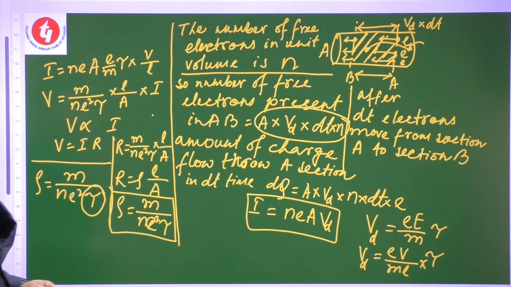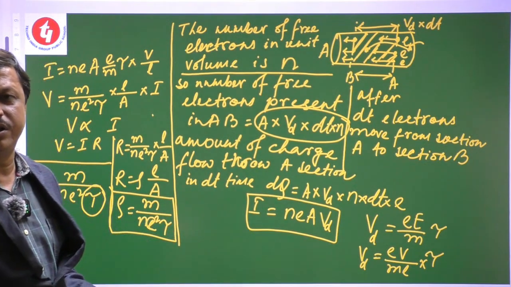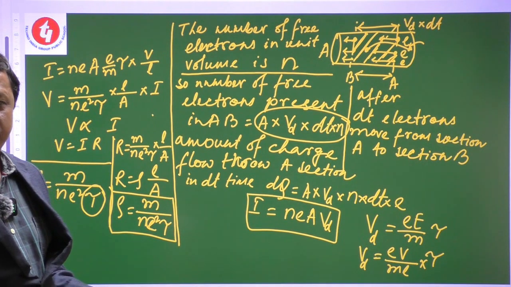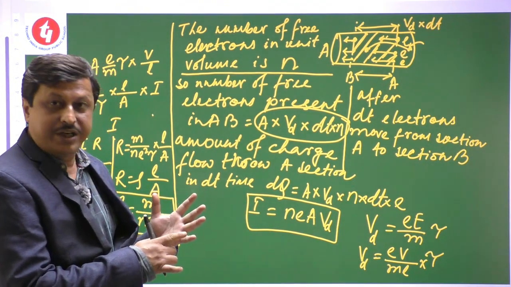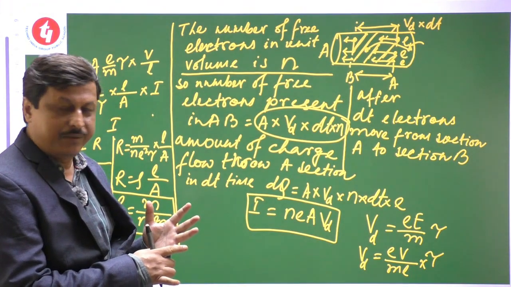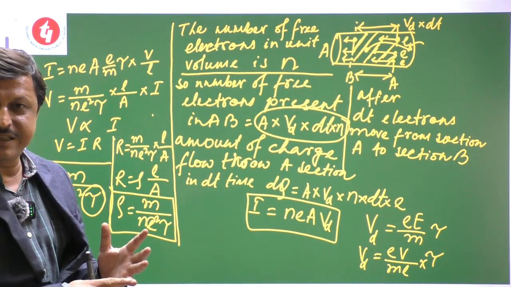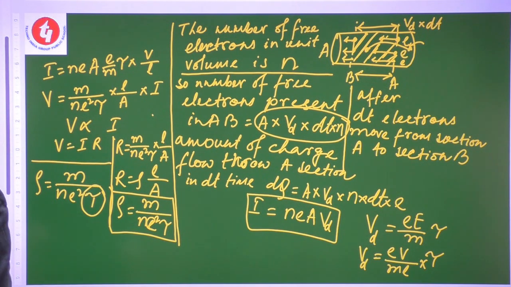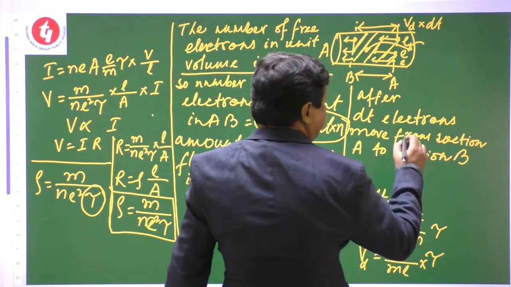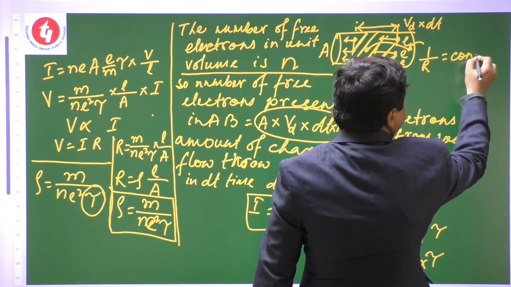Clear? We already discussed all the related terms with current electricity: mean free path, relaxation time, drift velocity, mobility, free electron density, resistivity, resistance, and also you have to know that 1 by R, 1 by resistance, is called conductance.